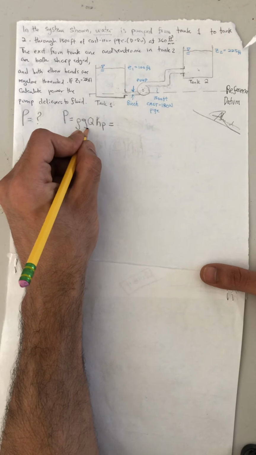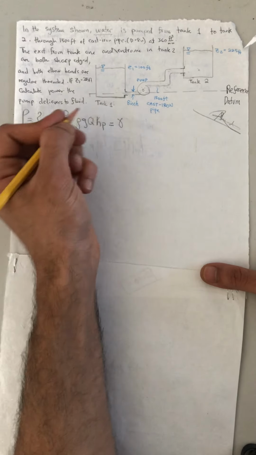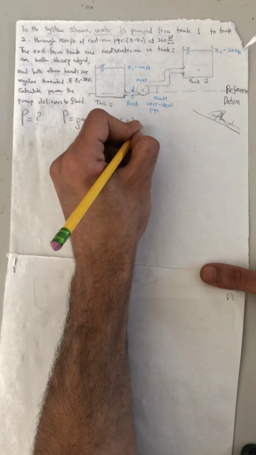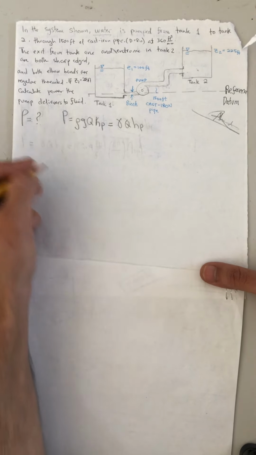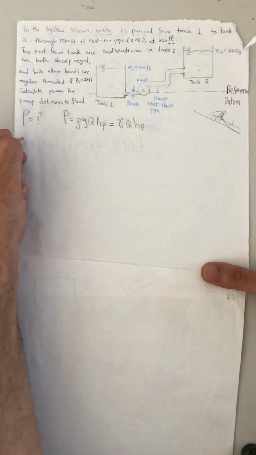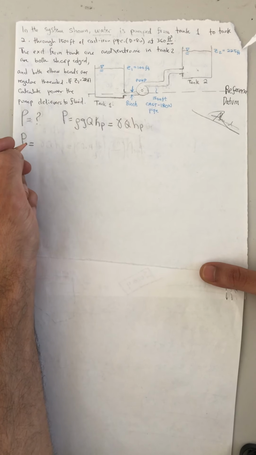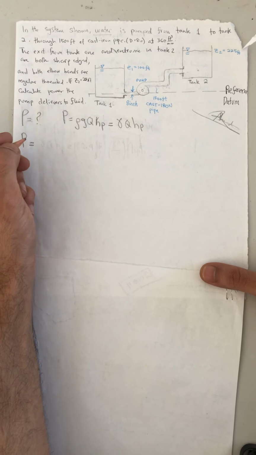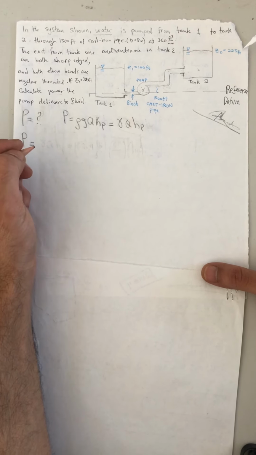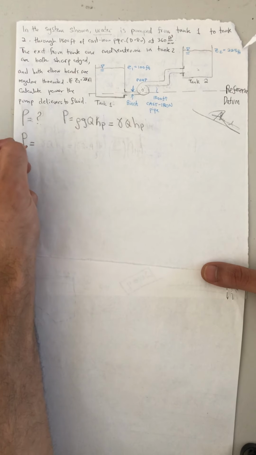We can see that this is our specific weight. The solution to this problem statement would be the answer to the performance equation, which will give us the power of the pump delivered to the fluid.